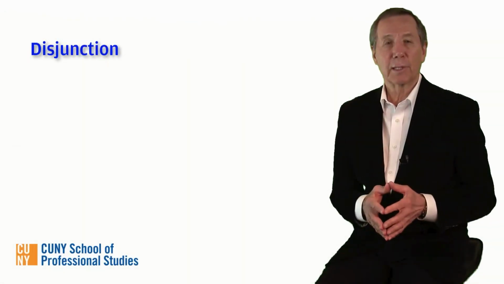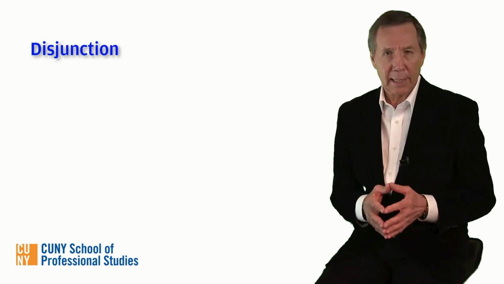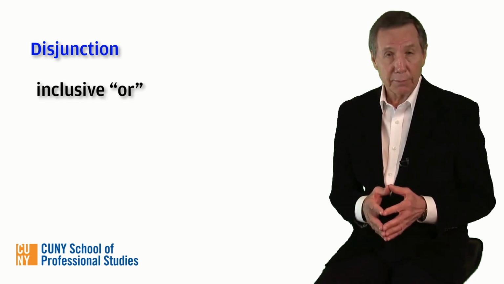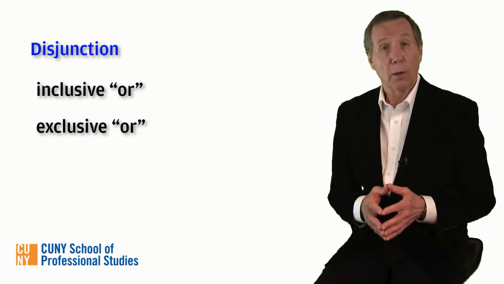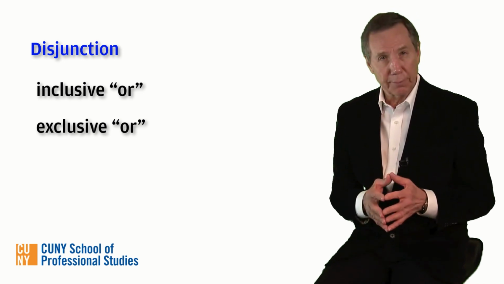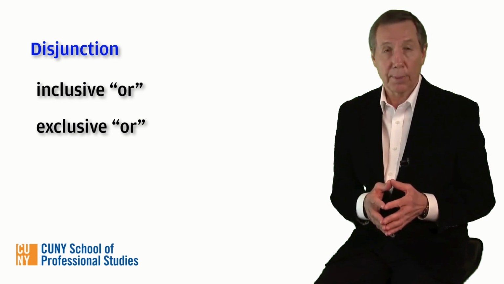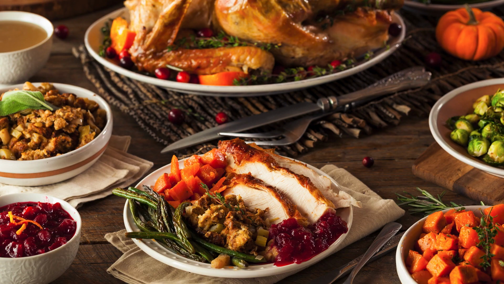Finally, as we learned in the previous video, a disjunction can be used in two ways, either inclusively or exclusively. When a disjunction is inclusive, it simply means that the disjuncts could all be true, as in the statement, "For our Thanksgiving we have turkey, cranberries, stuffing, or mashed potatoes."